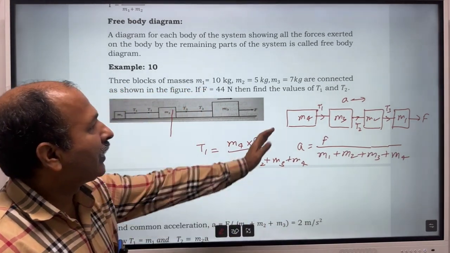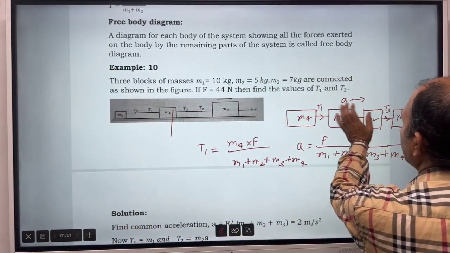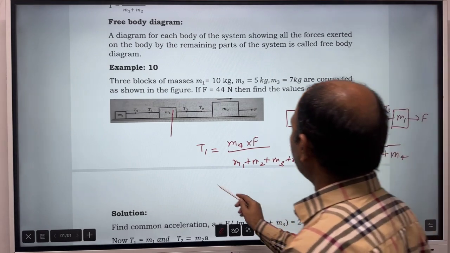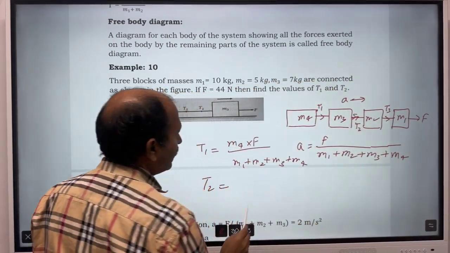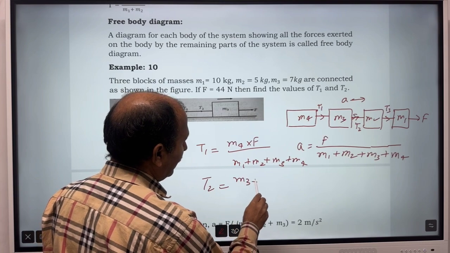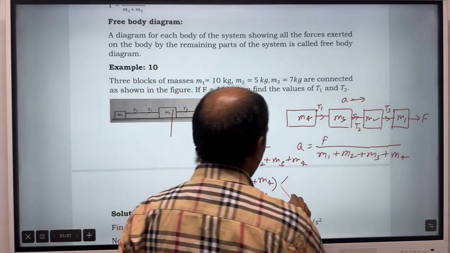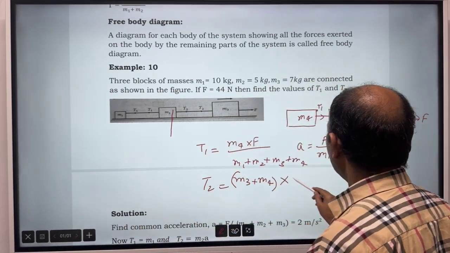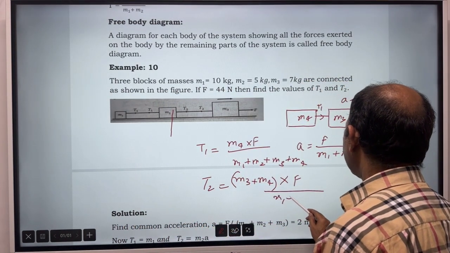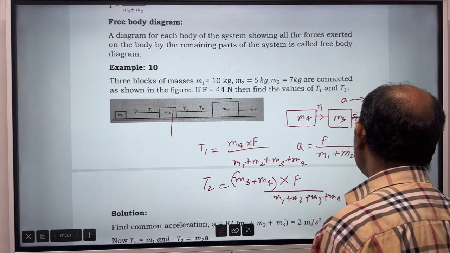So you have understood. Now suppose you want to find out T2. So T2 has to pull these two masses. So in this case, if you write T2, you will write the masses to be pulled. So M3 and M4 both are being pulled with a common acceleration again. So you will write here F divided by M1 plus M2 plus M3 plus M4.